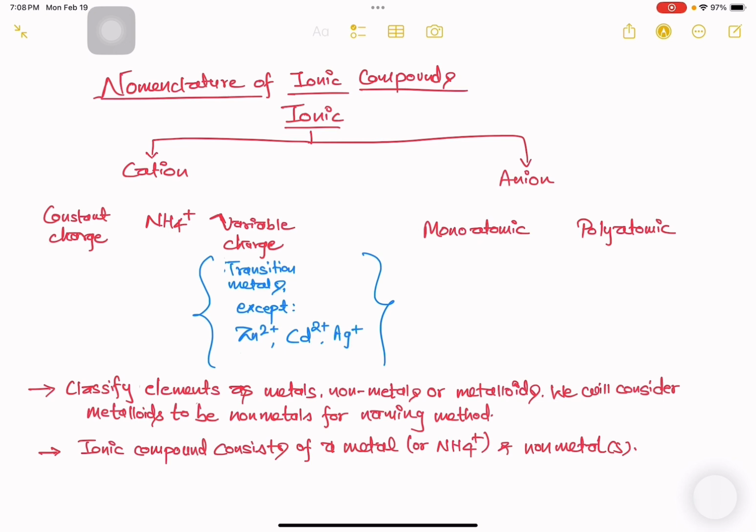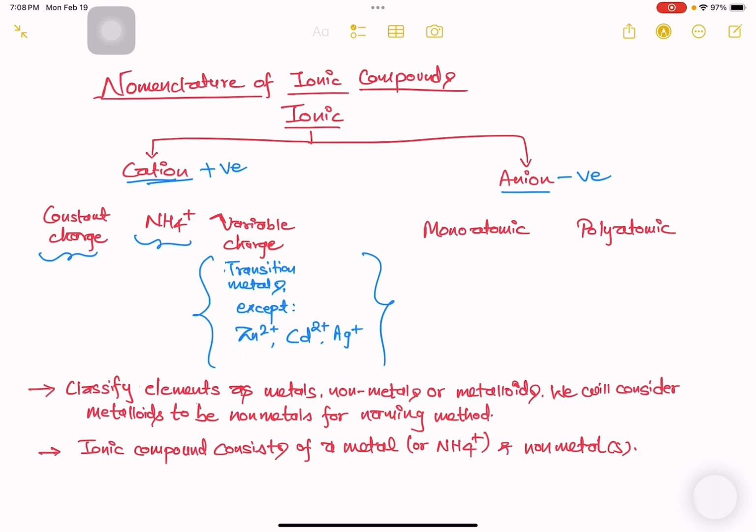An ionic compound consists of metal and non-metals, or ammonium and non-metals. So it has a cation and an anion. Cation, positive charge, means loss of electrons; anion, negative charge, means gain of electrons. The cation can have a constant charge, meaning all the metals besides transition metals have a single charge.